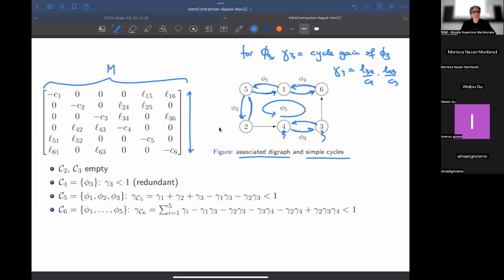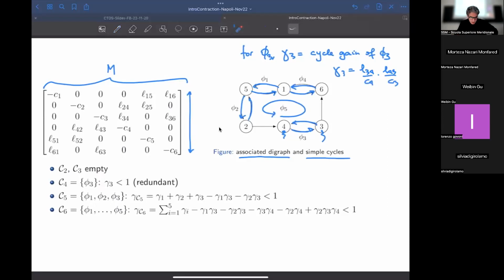Does that make sense? This is the same formula as before. It's the gain from 3 to 4 multiplied by the gain from 4 to 3, and the gain is the Lipschitz coefficient divided by the contraction rate. By the way, you need to make sure you divide by positive numbers. It's always L over C, not a minus.